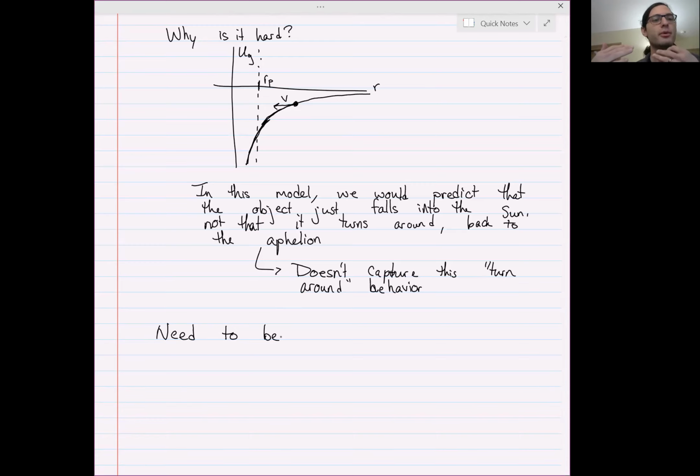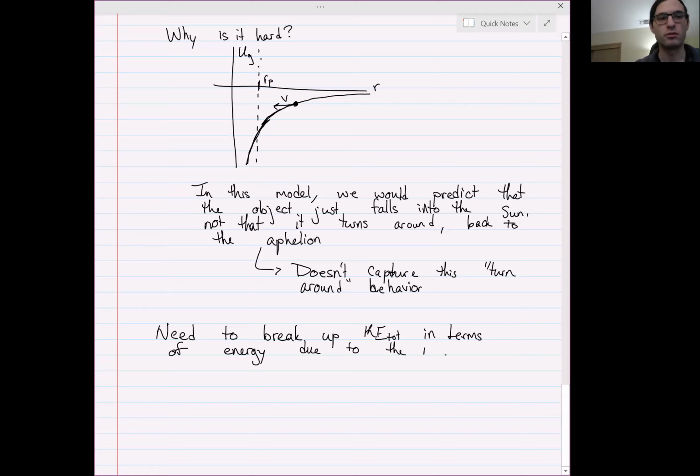So we need to break up that kinetic energy into multiple pieces: the total kinetic energy in terms of energy that's due to motion in the r direction and motion that's not in the r direction.